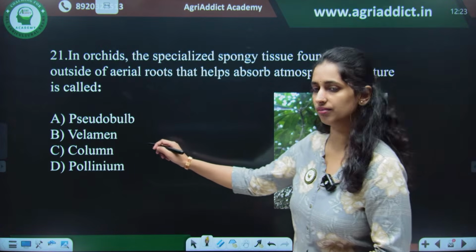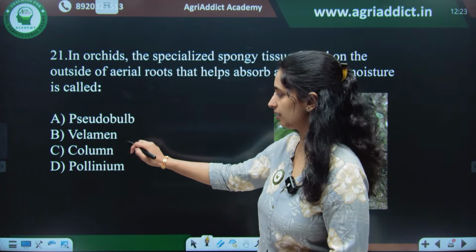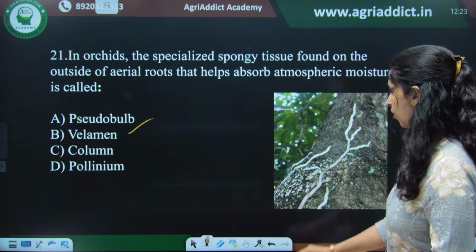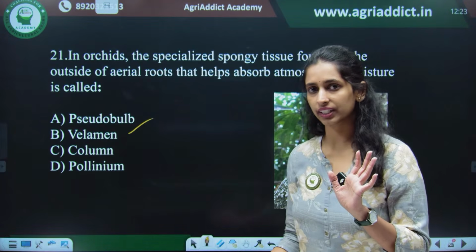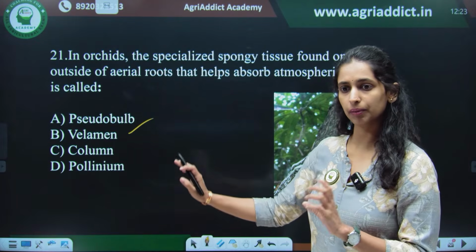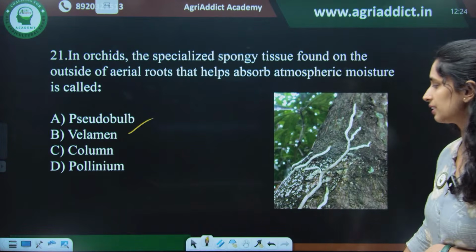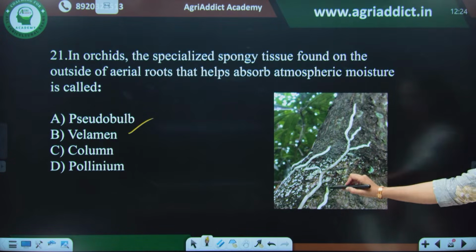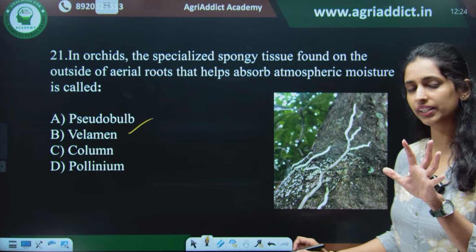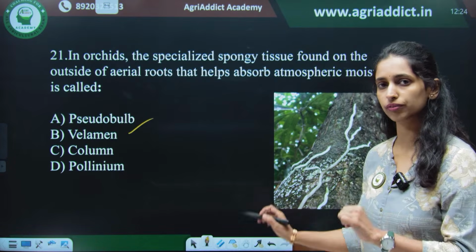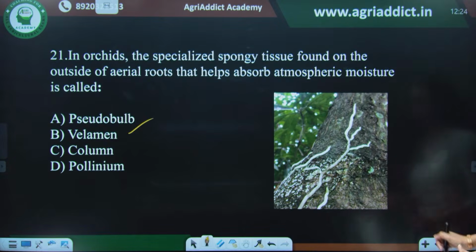B. Velamen. So you are giving the right answer. That is B. Velamen. और ऑर्किड का फ्लावर का पार्ट्स भी इंपॉर्टेंट है. दैट इज लेबेलम, वो सब इंपॉर्टेंट है. वेलामेन इज इंपॉर्टेंट. दिस इज यू कैन सी वो प्लांट को सपोर्ट भी देता है. दैट विल हेल्प टू ग्रिप द सपोर्ट ऑफ द ट्री and also absorb the moisture.